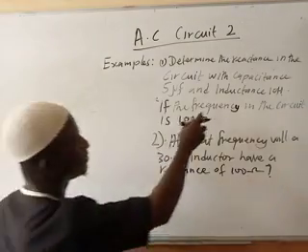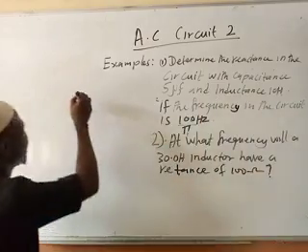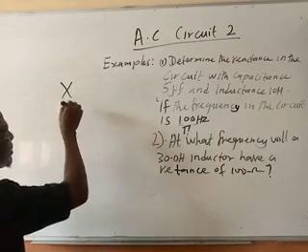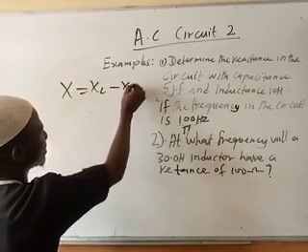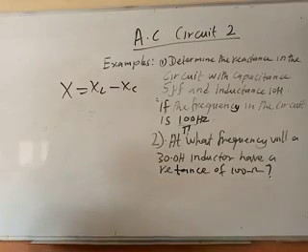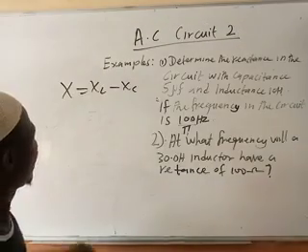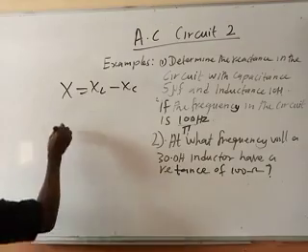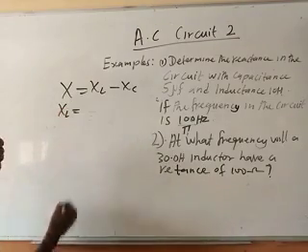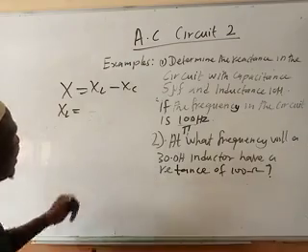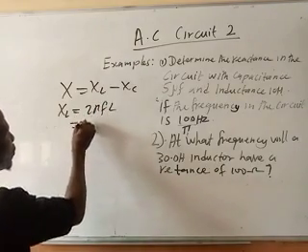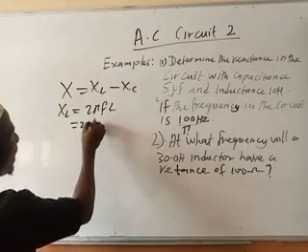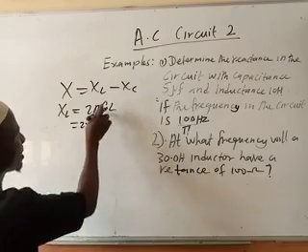For the reactance, in that case, we have X is equal to XL minus XC. Then let's calculate this one separately. Our XL is equal to 2 pi FL, which is equal to 2 times pi times, what is F?